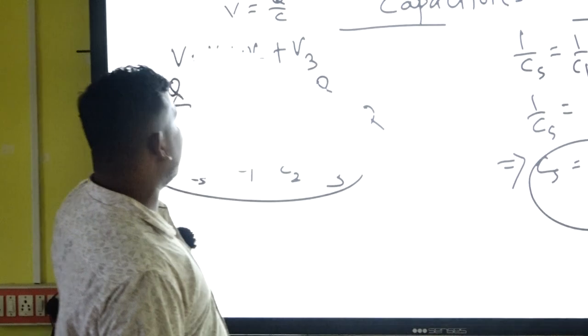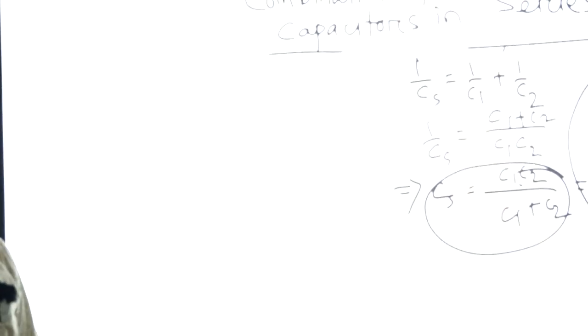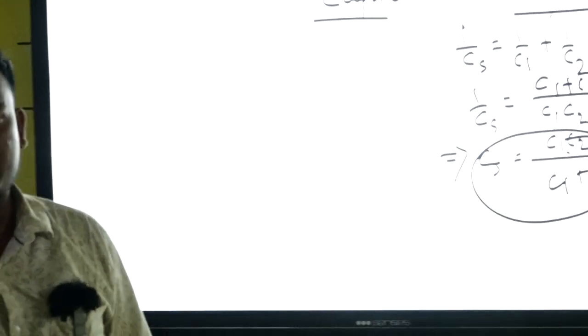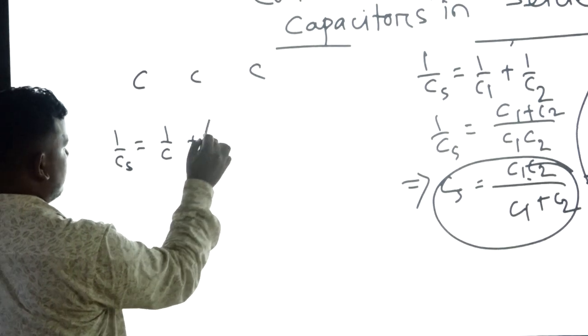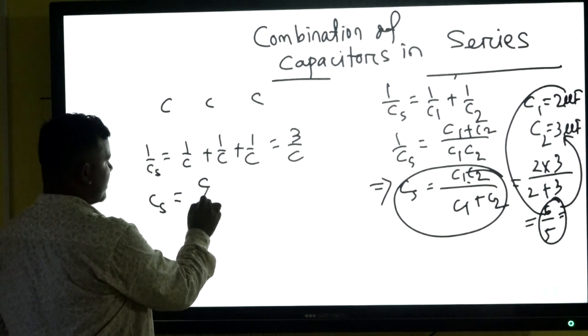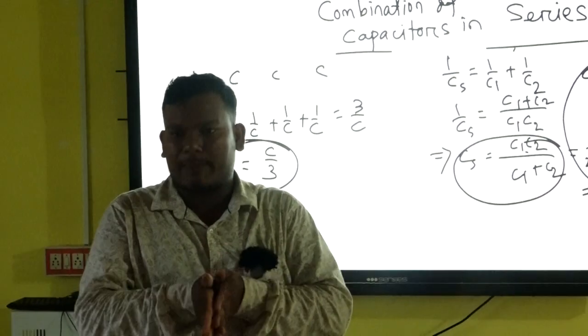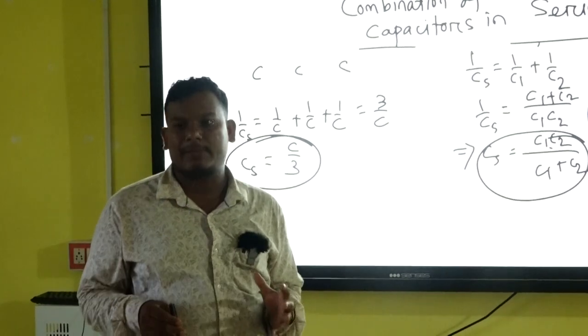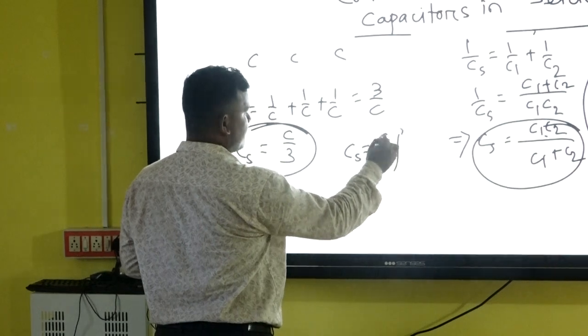If we have some identical capacitors which have the same capacitance, let we have 3 capacitors, all with capacitance C. Then I can write 1 by CS equal to 1 by C plus 1 by C plus 1 by C, which is equal to 3 by C, so CS equal to C by 3. For 3 capacitors C by 3, for 4 capacitors C by 4, for 5 capacitors C by 5. In general, for n capacitors, CS equal to C by n.